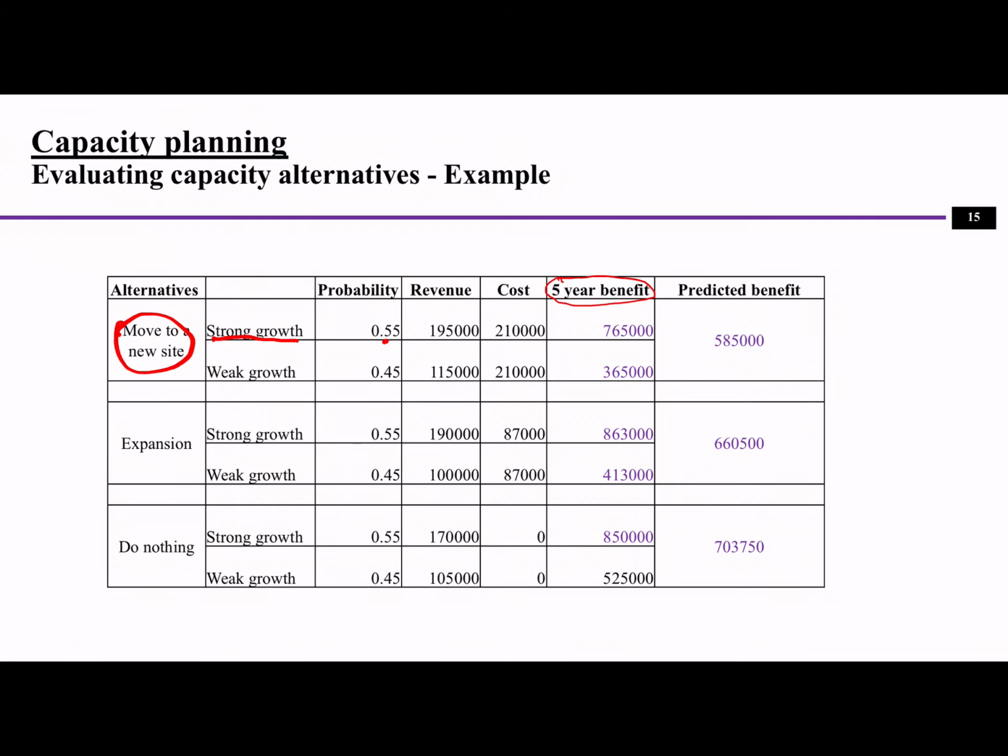So suppose we are doing the 5 years planning. We use 5 years times this revenue minus, right? 5 years times this minus 210,000. Then we get this number.